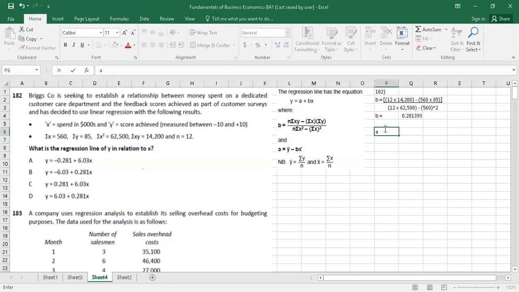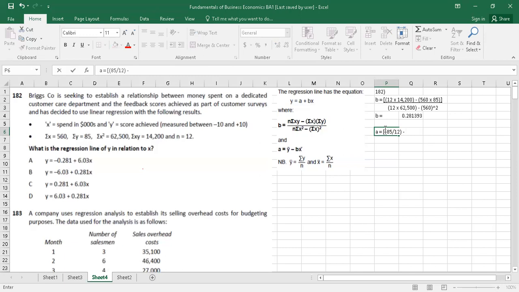A is equal to, y bar can be written as 85 divided by 12. That is y bar. Then minus, we know what is b.